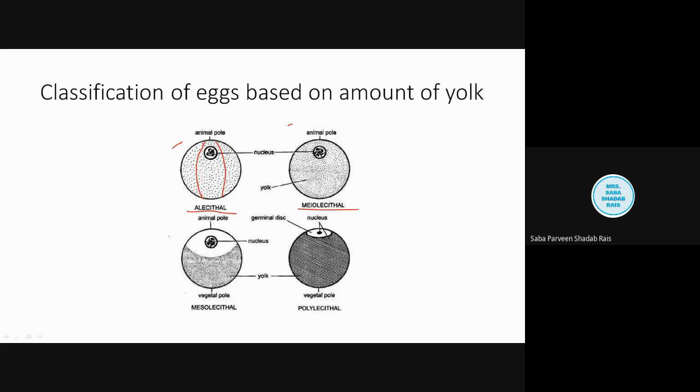So what is the placenta? Once again I tell you, the placenta is a union of the maternal and the fetal tissue which is formed inside the uterus of the mother, and it is formed for the exchange of gases as well as nutrients, so that they can execute the complete development of the developing embryo.